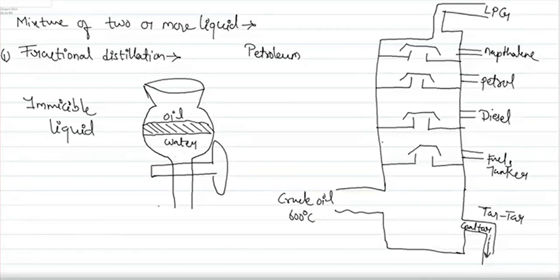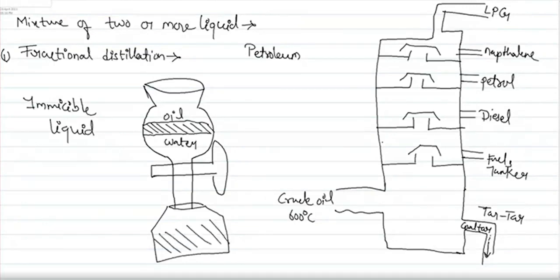As I open the tap, the water present here collects in the bottom container, and once the water has finished draining out of the separating funnel, I close the tap. I am then left with only the oil in the separating funnel.